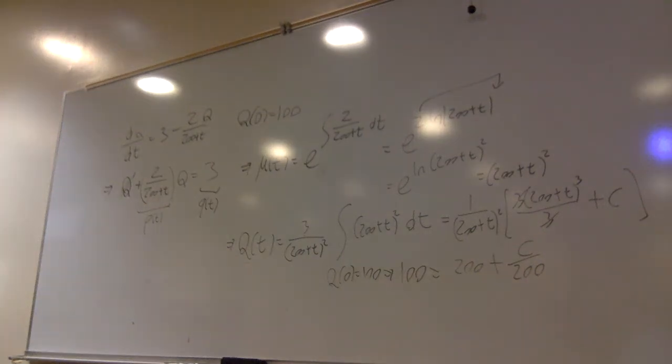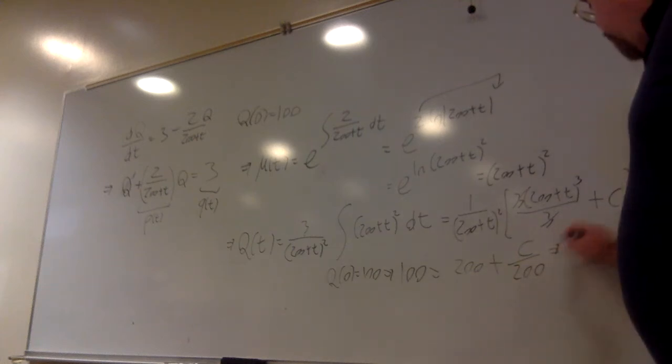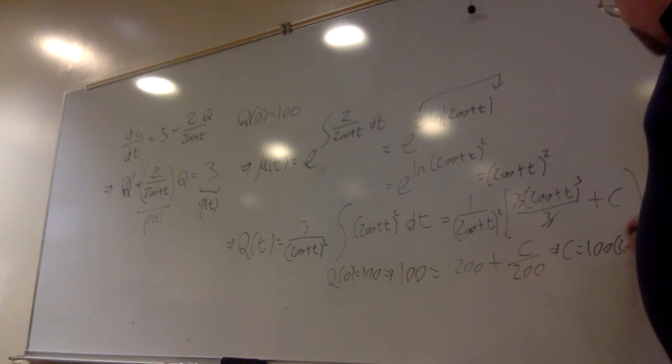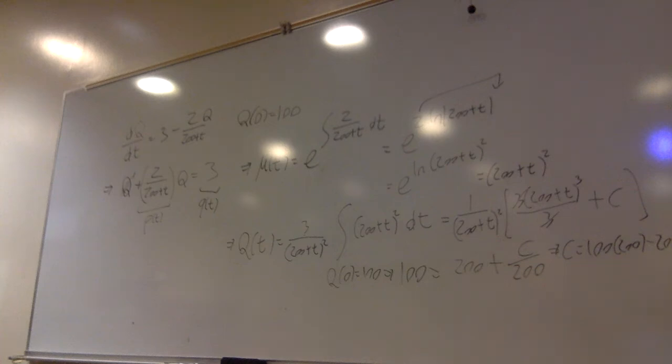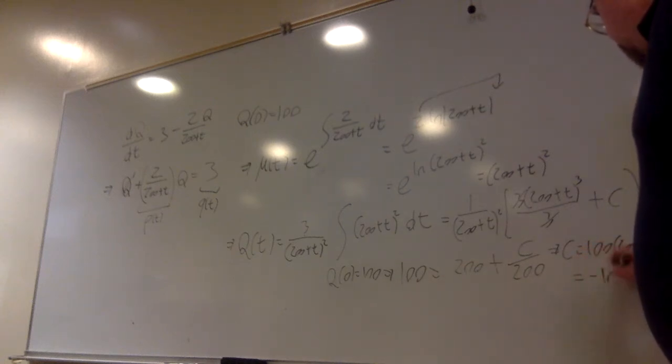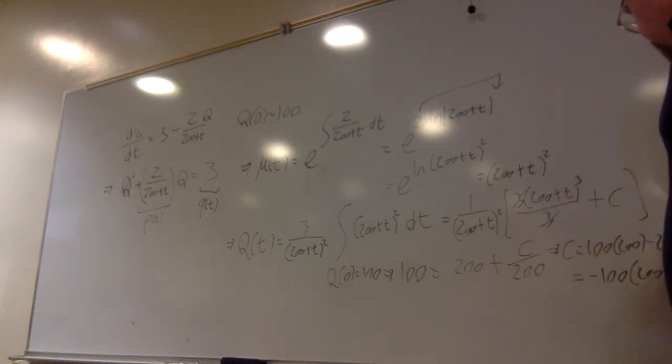So then you can use that equation to solve for c. So c ends up being 100 times 200 squared minus 200 cubed over 3. So then you can fill that in here, and you're done.